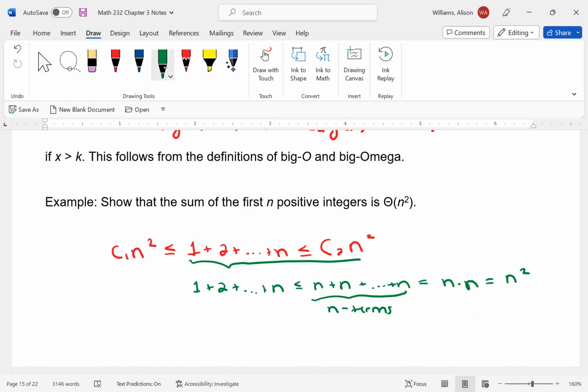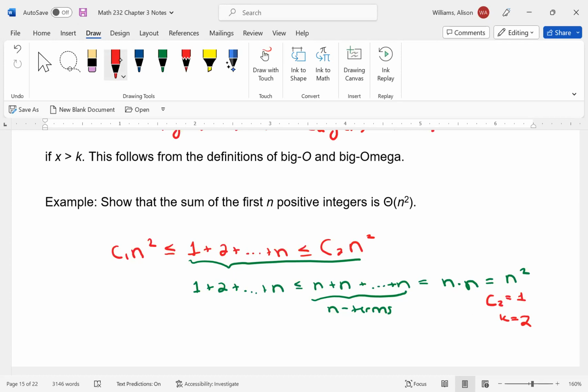We showed that this is less than or equal to n squared, assuming C equals 1. We'll call it C2 since we're working with two C values here. C2 equals 1. And that would be true for all n bigger than or equal to 1, so k is 1. Or you could say 2 to be safe, because after the first number, we're good to go.